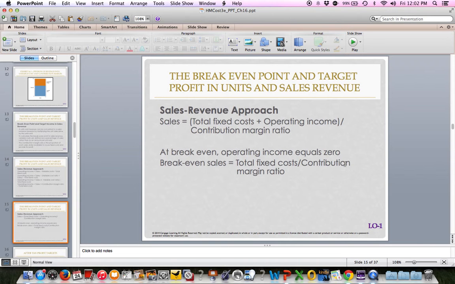So break-even units is total fixed cost divided by my contribution margin per unit. My break-even sales is fixed cost divided by my contribution margin ratio. That's all that really means: I can figure out break-even in units sold or break-even in revenues, my break-even in sales. Either way, total revenues equal total expenses, and I have no loss, but I have no gain.